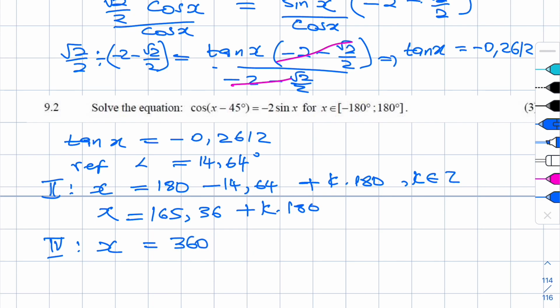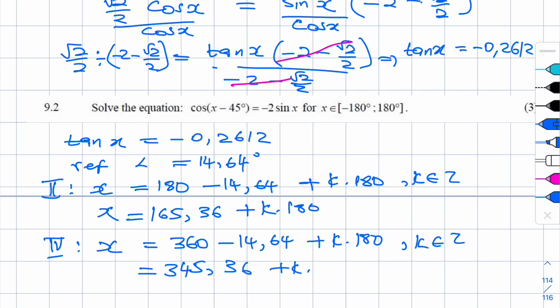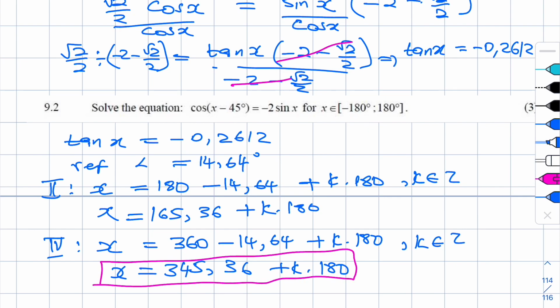So it's 360 minus 14.64 plus k 180 with k an element of integers. Okay, so 360 minus 14.64, that will give us 345.36 plus k 180 degrees. So those are the two equations. So we have this equation and that equation.